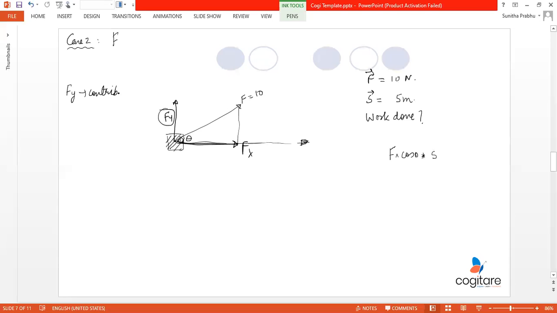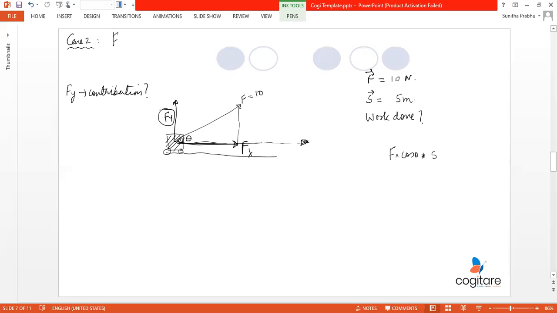Is it contributing at all? Is the object moving up? No. That means Fy is a dummy. The object is not being lifted. The object is moving with its wheels only on the x-axis, isn't it? That means this Fy is of no use.